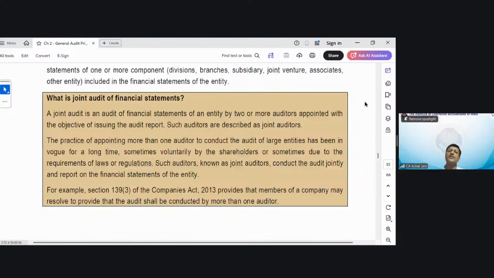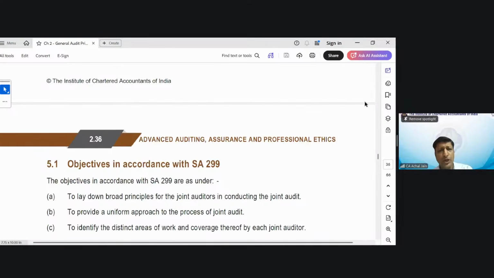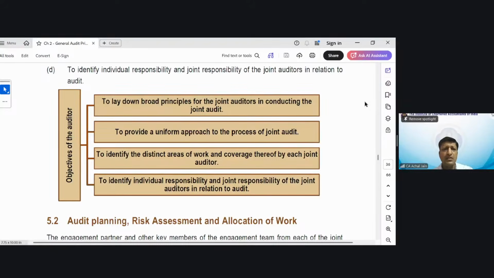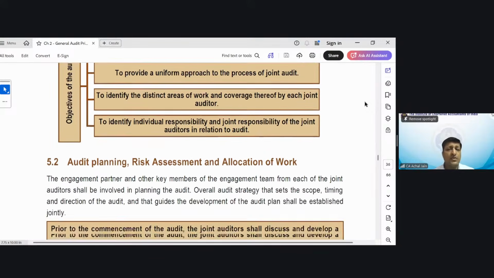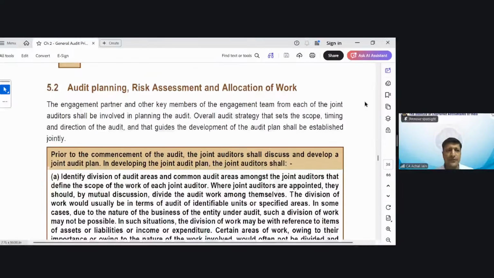So it can always be a voluntary requirement, and management needs to think about it in such a situation. So it can arise due to regulatory requirements, and of course, it can always be a choice of the company.